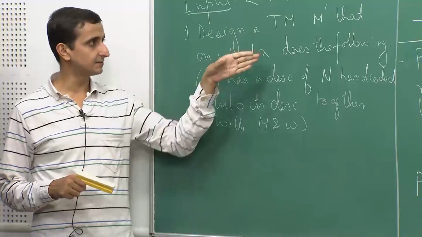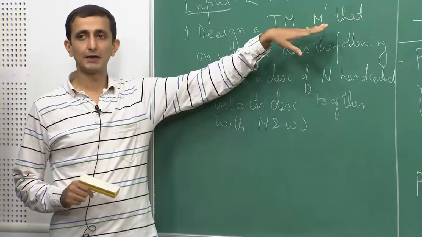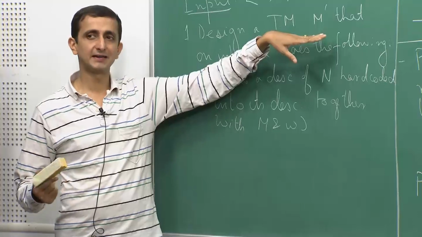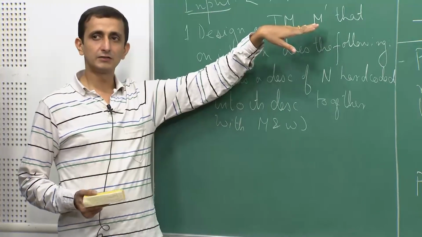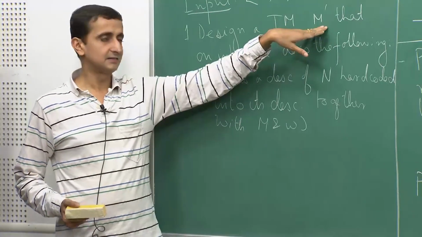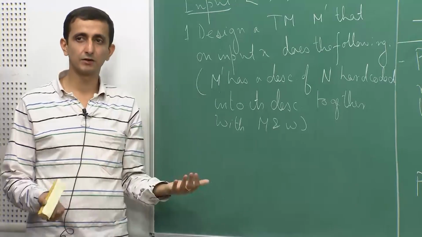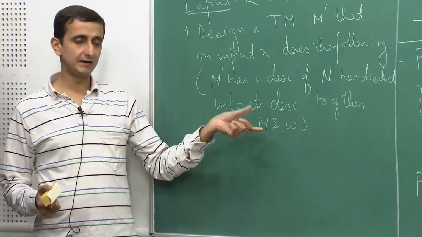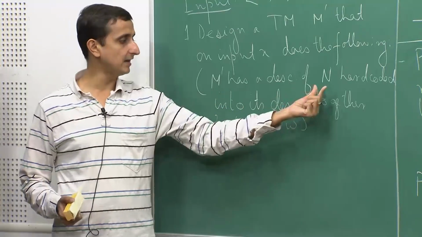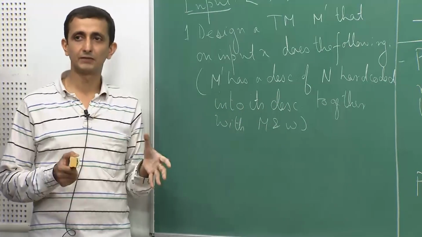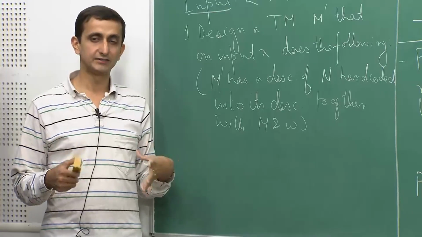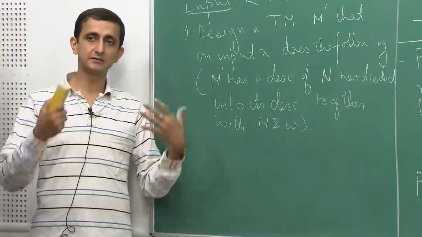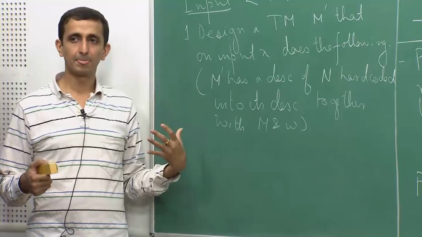Picture that you want to write a program M prime, or design an algorithm M prime. Inside the description of the program, there is already a description of N, M and W. It is not part of the input, it is part of the description of this program.